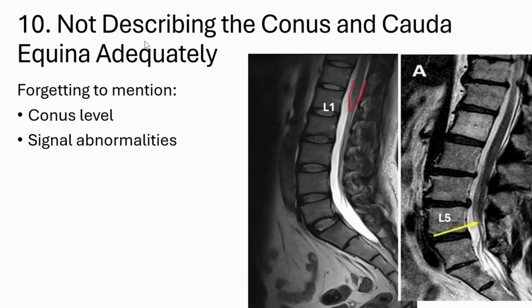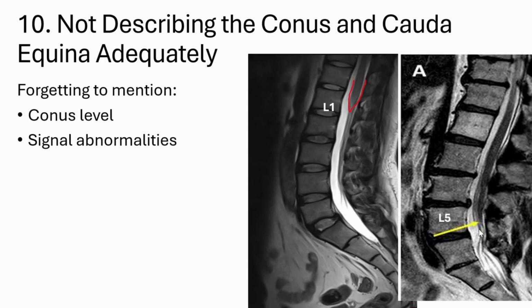Now another one is not describing the conus and cauda equina adequately. In every report, the conus level and the signal abnormality, if present, and the cauda equina level should be mentioned. In this image, we can see that the conus medullaris ends at the L1 level, and this is the cauda equina nerve root.